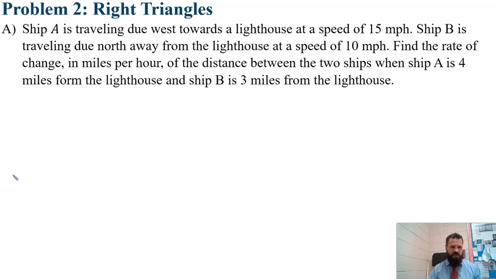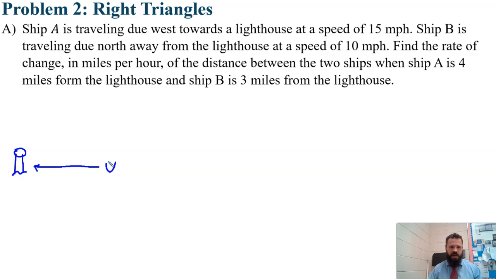I'm going to throw a lighthouse on some rocks right here. We'll say that's what a lighthouse looks like. And I put it there because ship A is traveling due west towards it. So in other words, it's coming to the west at my lighthouse like this.